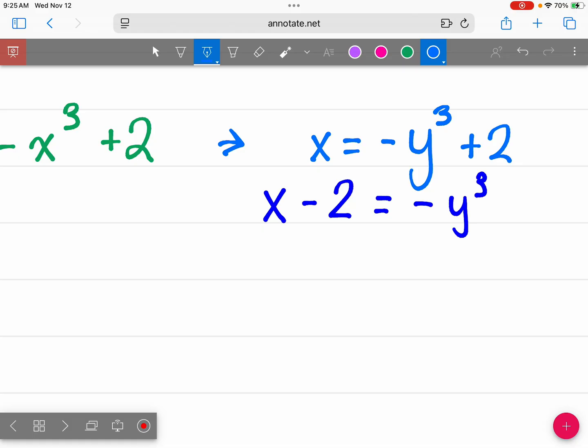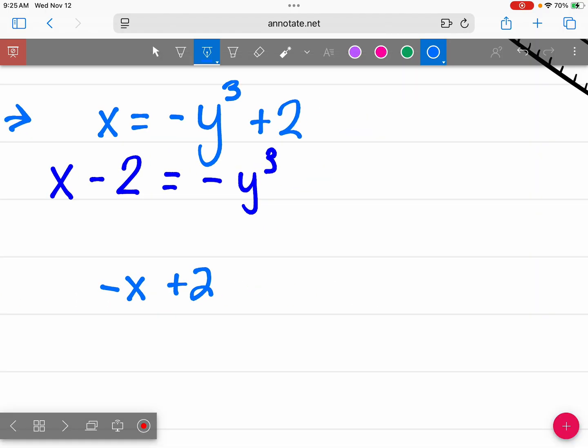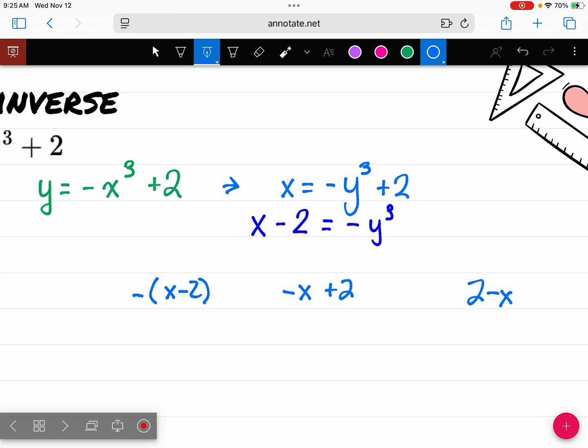Yeah, absolutely valid move to divide by -1 next. And you can either write it as negative x minus 2, totally valid, or you can have it be minus x plus 2 and distribute that minus sign through. You could write it as 2 minus x. Ooh, how should I do it in right order? 2 minus x. When we divide both sides by -1, any one of these is an option.